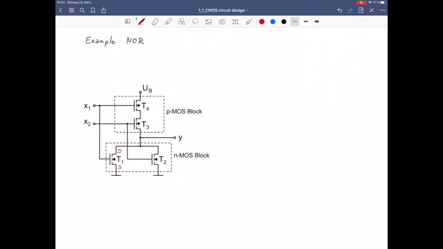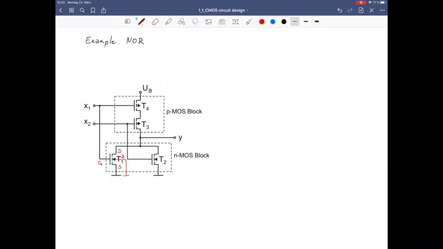electrode of the MOSFET. The input electrode, of course, is the gate electrode, and the bulk electrode, which is not shown here. I can draw the contact to the ground. This is the so-called bulk electrode.